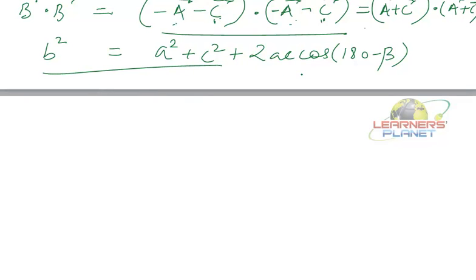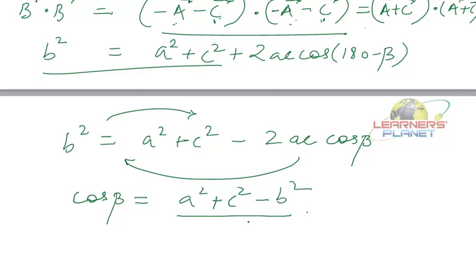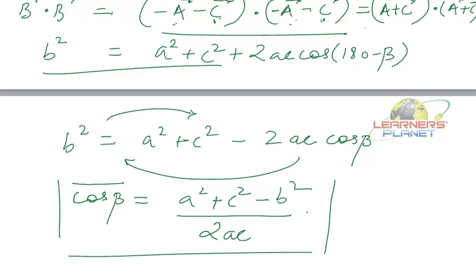Now you have to just rearrange this equation. So here you will get B square is equal to A square plus C square minus 2AC cos beta. Now taking this on the other side and this on this side, you will get cos beta is equal to A square plus C square minus B square upon 2AC. Hence it is proved.